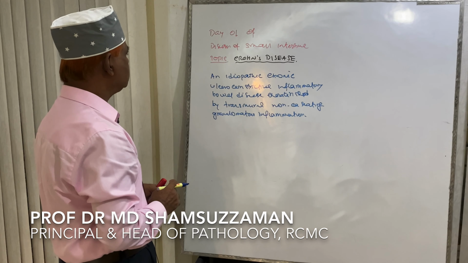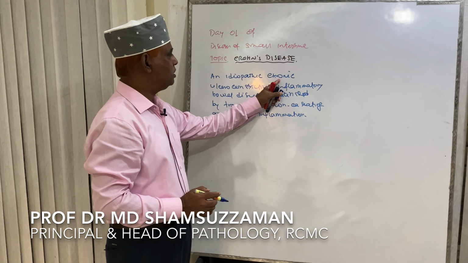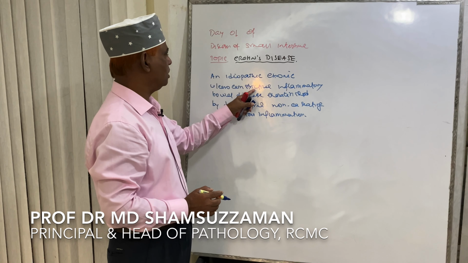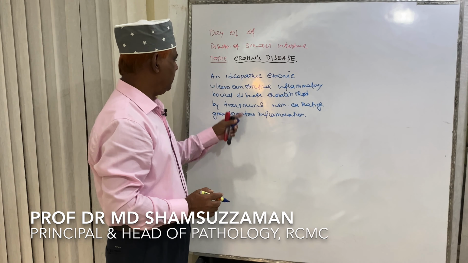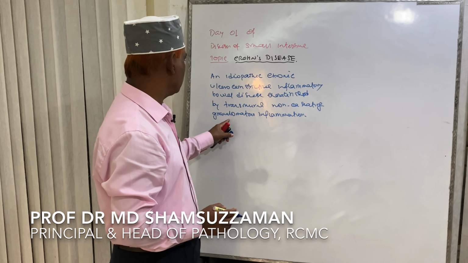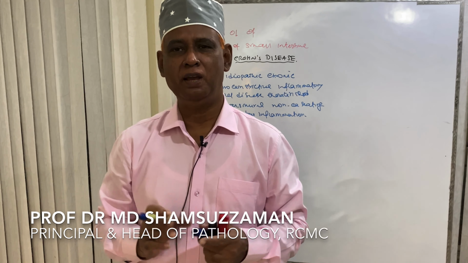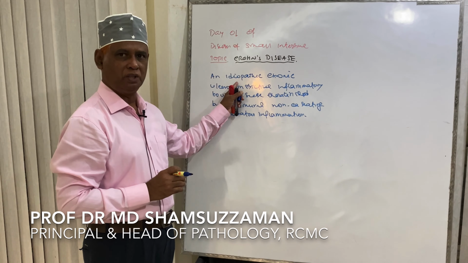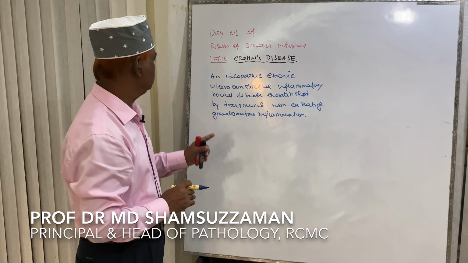So, Crohn's disease is an idiopathic disease. It is a chronic disease where there is ulceration and constriction. The cause is not known, so it is idiopathic. It is chronic, not acute.